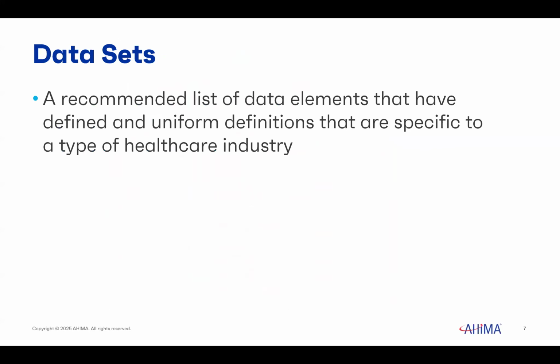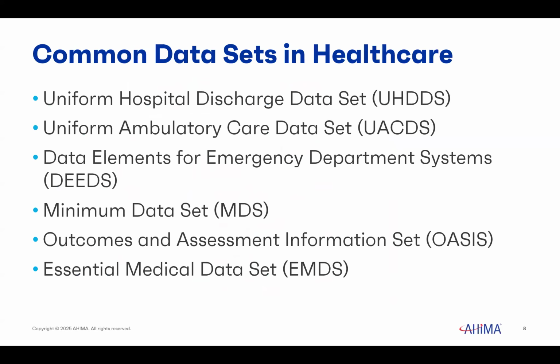Data sets are a list of data elements that have been defined and have uniform definitions that are specific to a type of healthcare industry. Let's take a look at some of them. One that you're familiar with from coding is the Uniform Hospital Discharge Data Set.